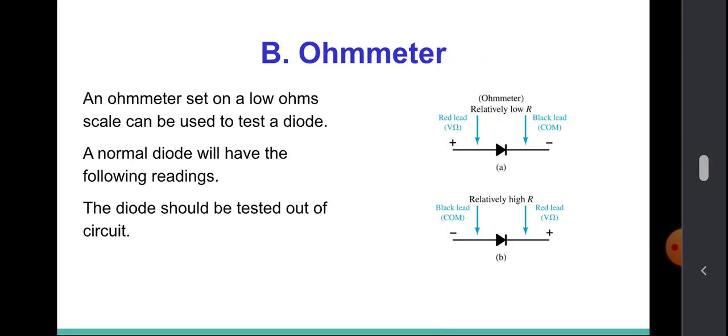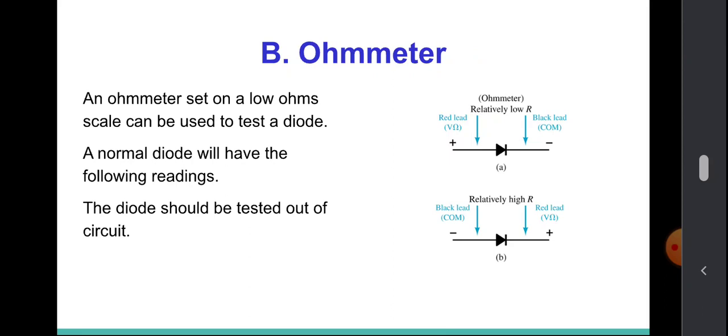Okay, so with an ohmmeter, when checking a diode, if the red lead is connected to the positive side of the diode and the black lead or the common is connected to the negative, the reading should be a relatively low resistance.